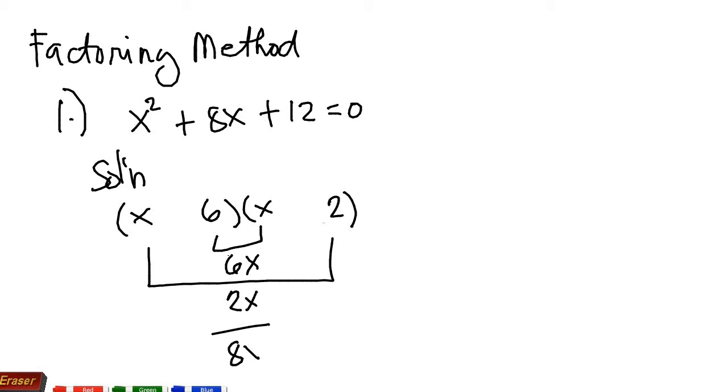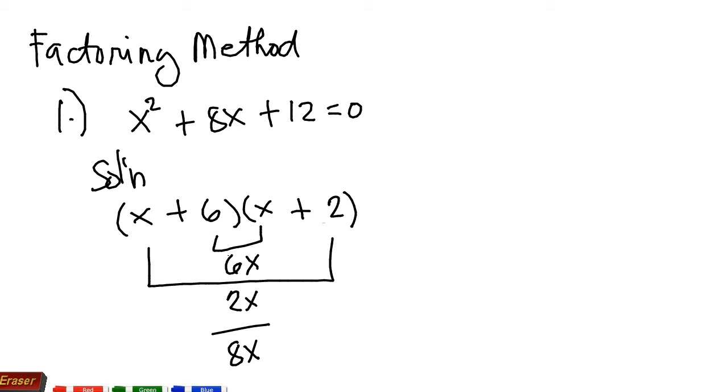So the result will be 8x. This time, we now get the correct middle term. That means that the factors are 6 and 2. Take note that we have positive 8, and also positive 6 and positive 2, so all are positive. So we have x plus 6 and x plus 2 as the factors.